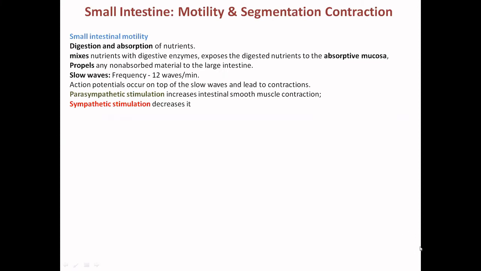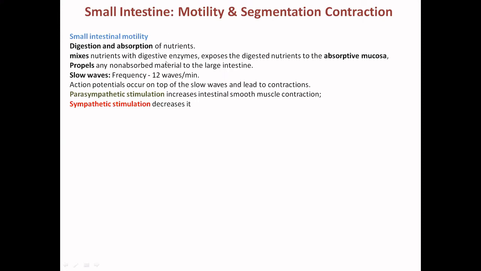After the stomach, we have the small intestine. We have discussed the segmented contraction. Segmentation: it is a long part, there is a segment, and based on the segment, there is a contraction. Small intestine motility is responsible for digestion and absorption of the nutrients.